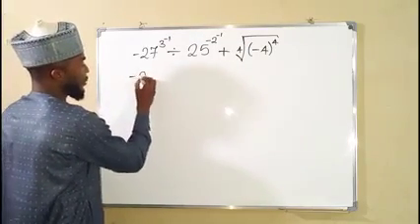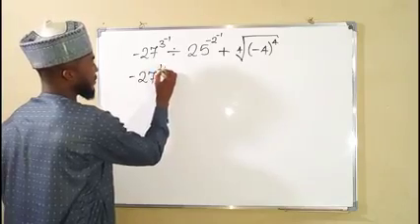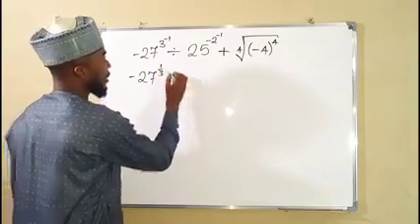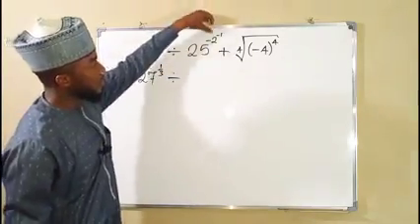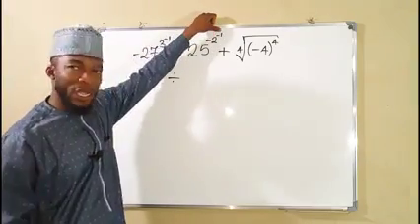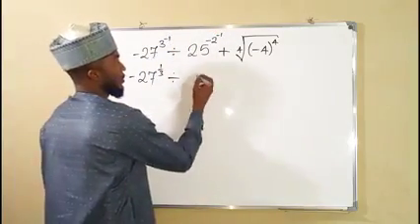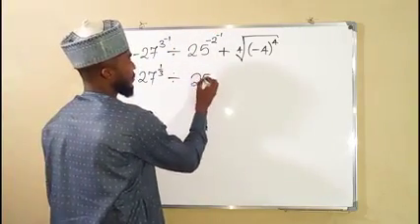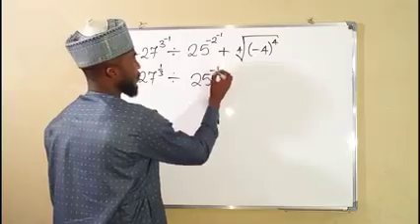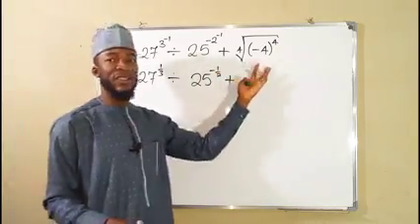Negative 27 power 1 over 3, divided by negative 2 power negative 1 can also be written as negative 1 over 2. 25 raised to the power of negative 1 over 2, plus, we can simplify this from here.